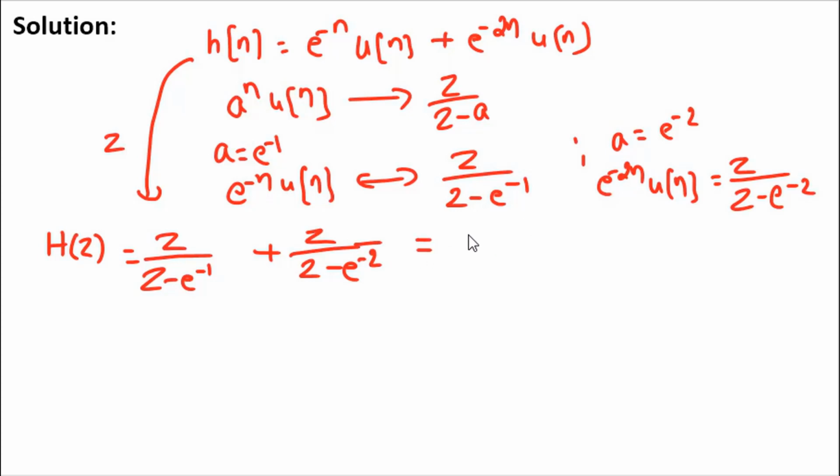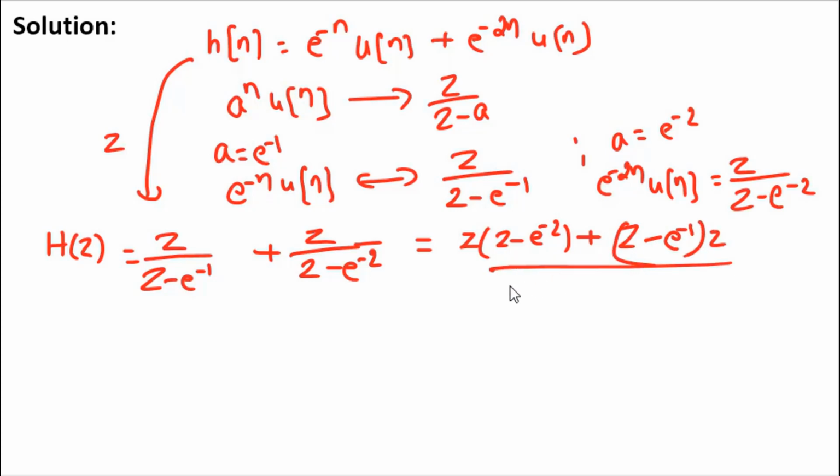Or you can write this as (z(z − e^(−2)) + z(z − e^(−1)))/((z − e^(−1))(z − e^(−2))).